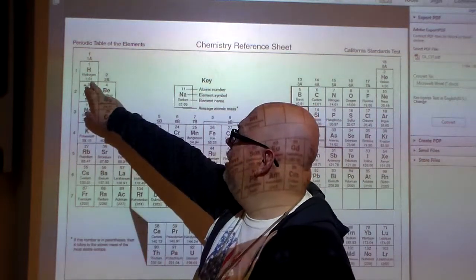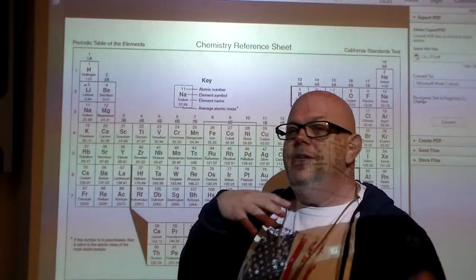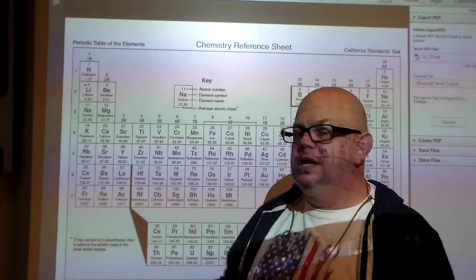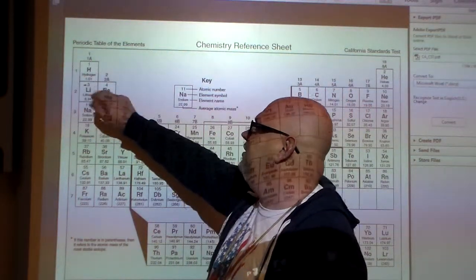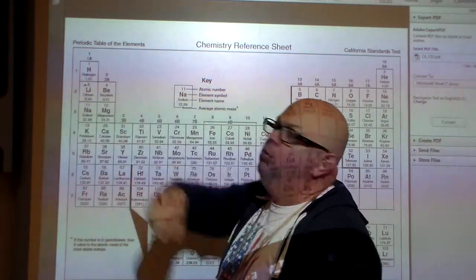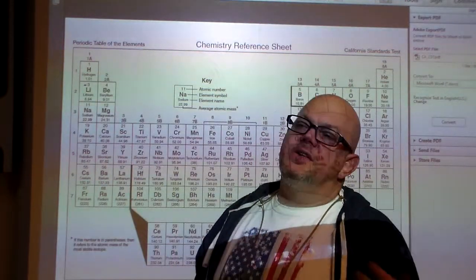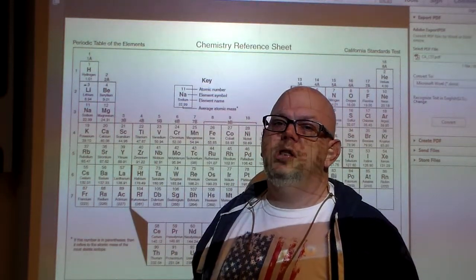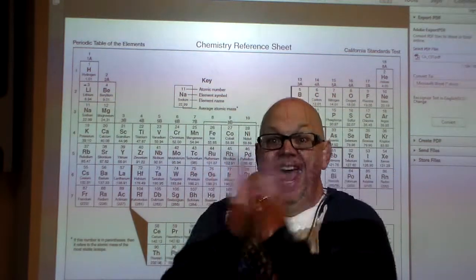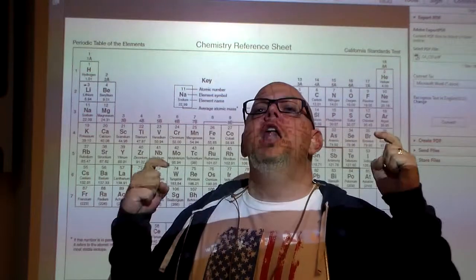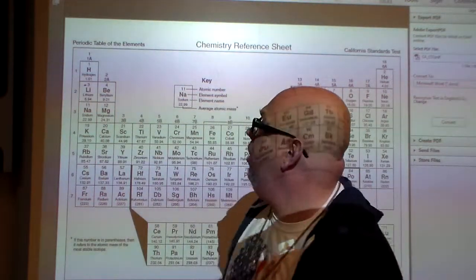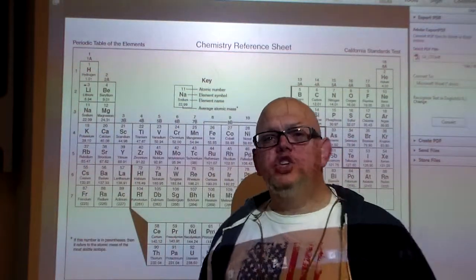So for hydrogen here, again, if you didn't see the other video, I'll just quickly go over this with you. When you look at the periodic table, like this, let's look at hydrogen. You've got a 1 up there, which is the atomic number. That tells us how many protons there are in the nucleus of an atom. Is that going to help us for stoichiometry? No, it's not. Well, what about the element abbreviation?